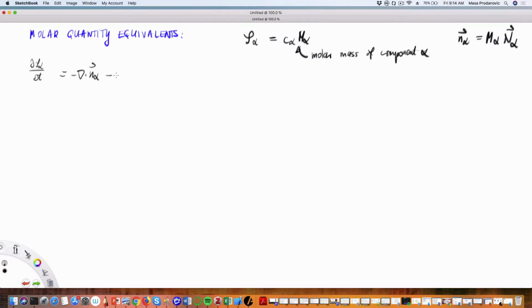It's too warm today for anybody to have gloves. Yes, alpha means the molar mass of species alpha. Isn't C the molar concentration? Yeah, mass concentration and molar concentration. Okay, but you put a rho there.